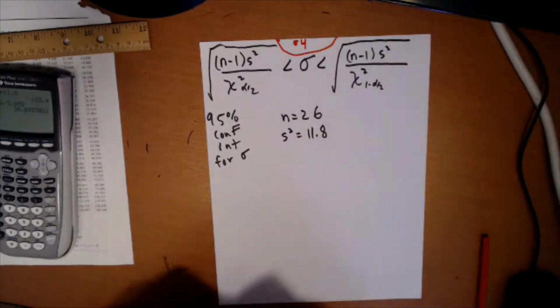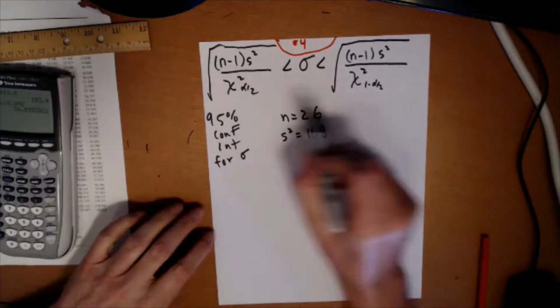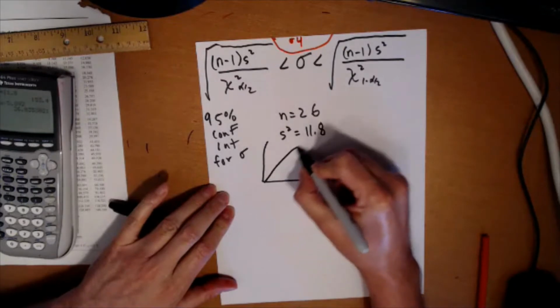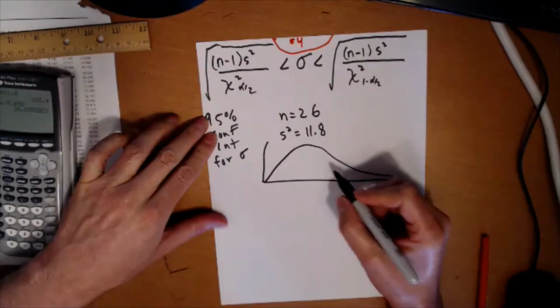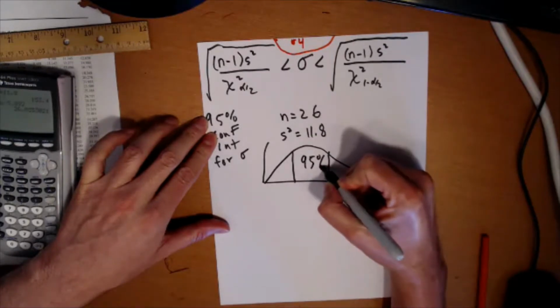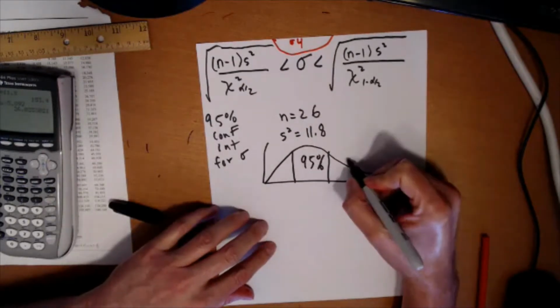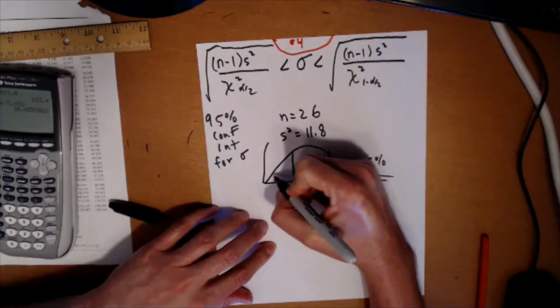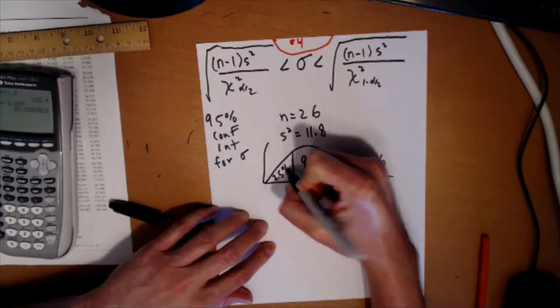Okay, so I like getting my chi-squared value, so let me draw my chi-squared, 95% confidence. I'm going to put 95% in the middle, so that's 2.5% over here, 2.5% over here.